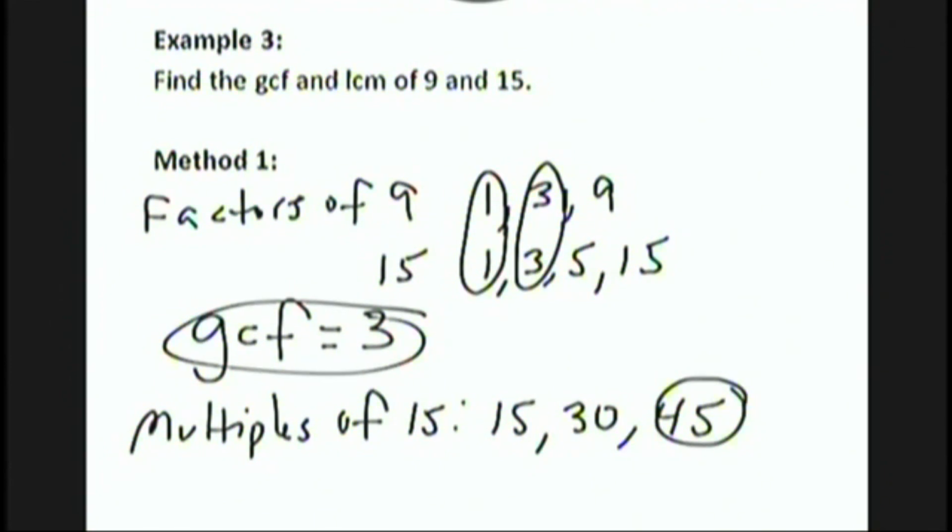Okay, it's a multiple of 15 because it's equal to 15 times 3, and it's a multiple of 9 because it's equal to 9 times 5. So the least common multiple of 9 and 15 is 45.